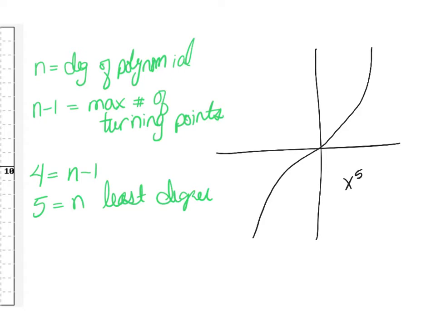This has no turning points, because the entire time I'm traveling along this graph, I'm increasing. I'm not decreasing. So I can have at most 4, but I'm not guaranteed 4. Does that make sense? Okay.